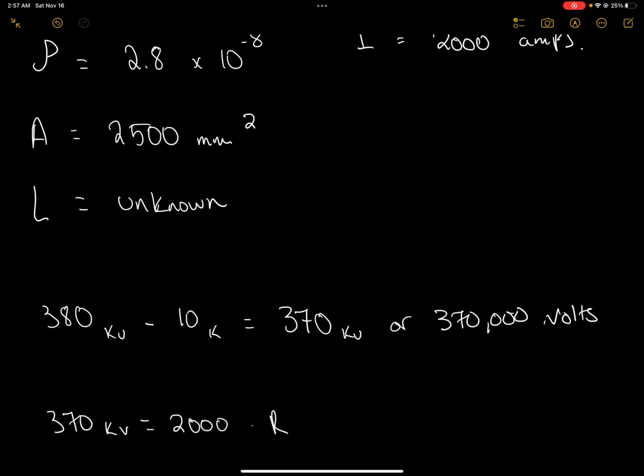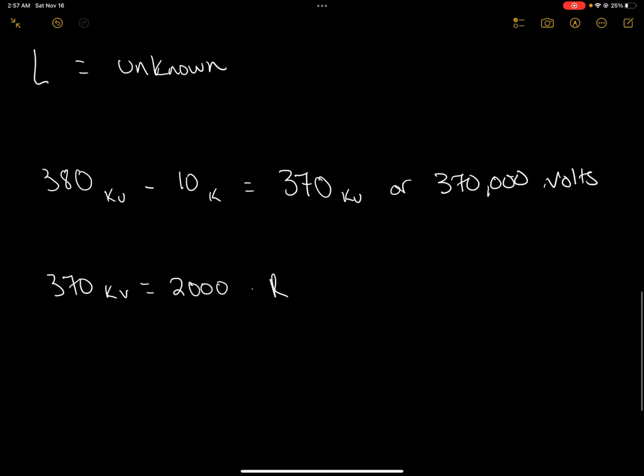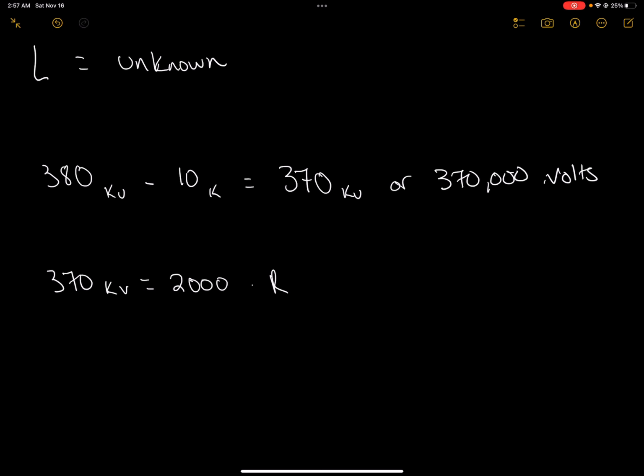R then becomes 2.8 times 10 to the power of negative 8 multiplied by the length over its cross-sectional area, which is 2,500 millimeters squared.